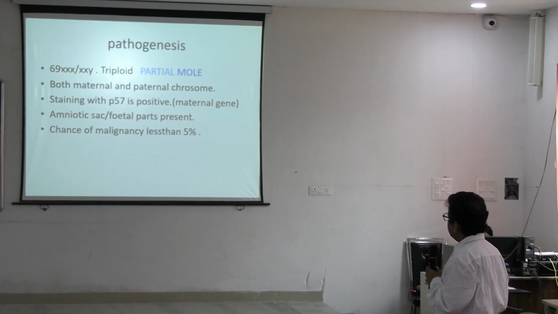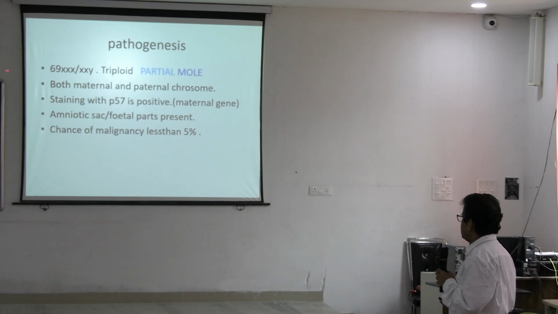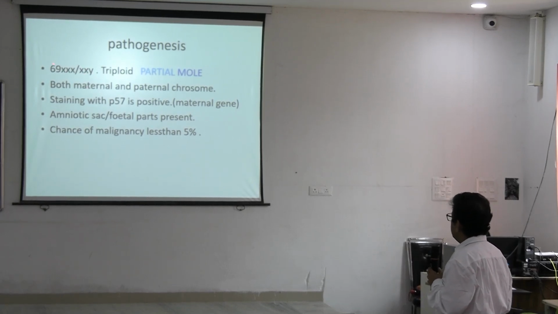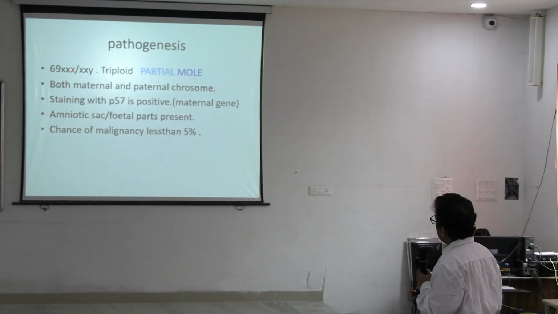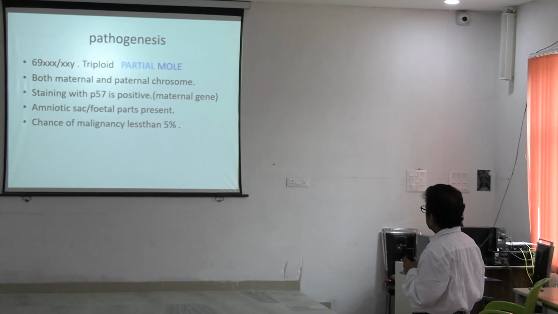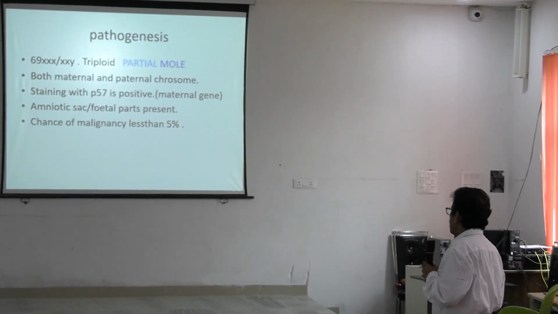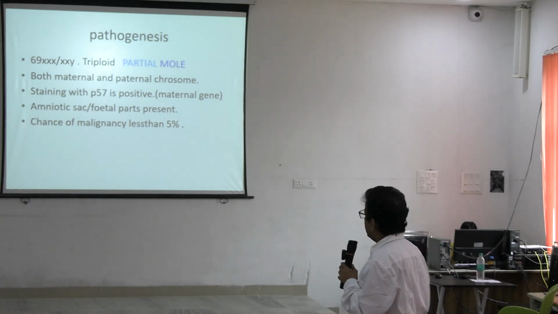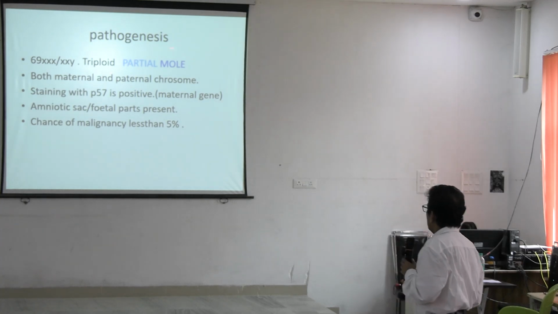If it is 69XXX or 69XXY, it means two sperm, 23X and 23Y, are fertilizing another 23X, giving rise to 69XXX or XXY, triploid. If the chromosomal structure is triploid, it will not give rise to a complete mole, but it will give rise to a partial mole.